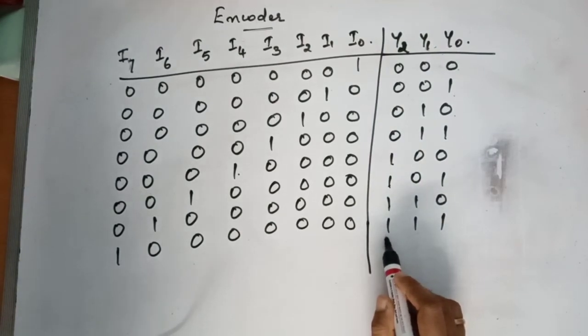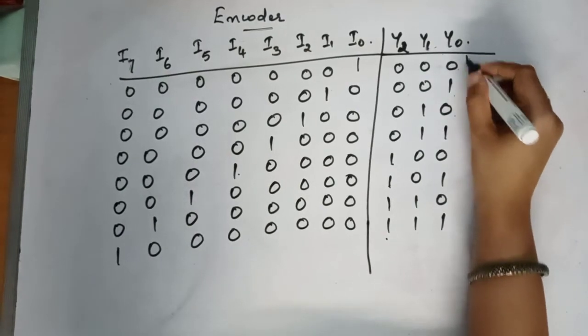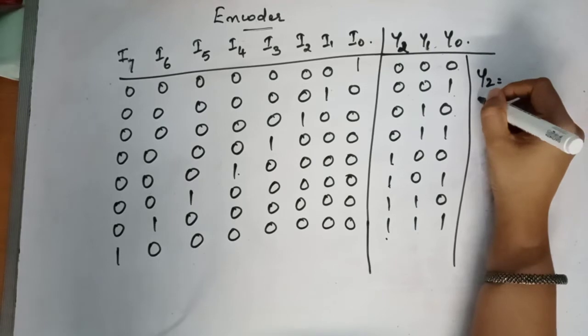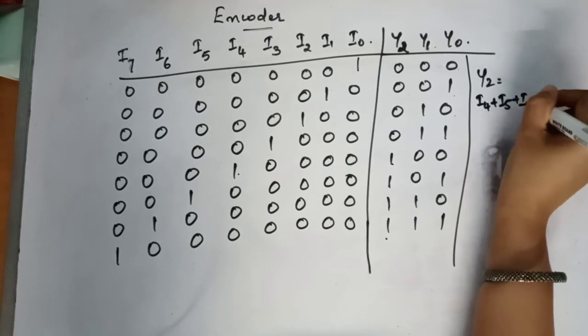In either of these cases, my y2 is 1. So I can say that my y2 is 1 when I4 plus I5 plus I6 plus I7.